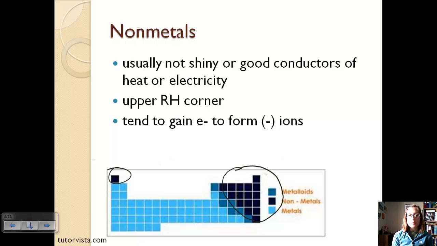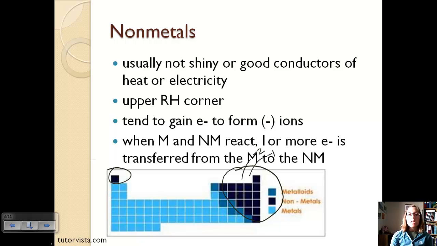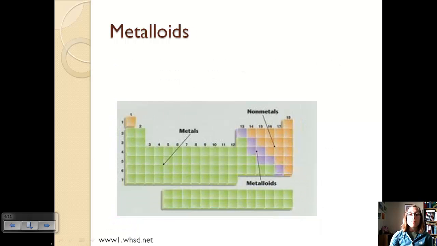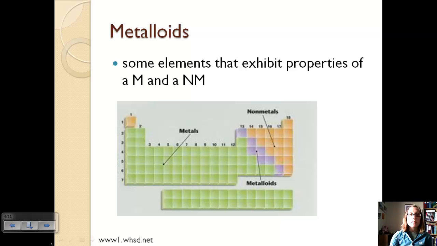Okay, so if you remember, we've got noble gases, and then we've got a -1, -2. So they will all gain electrons. When metals and nonmetals react, one or more electrons is transferred between metals and nonmetals, and those are specifically ionic bonds and ionic compounds.